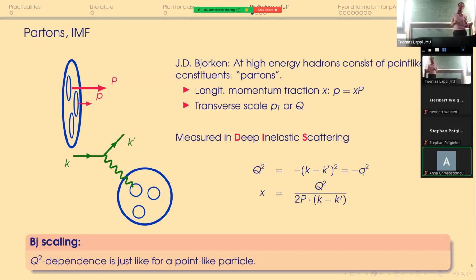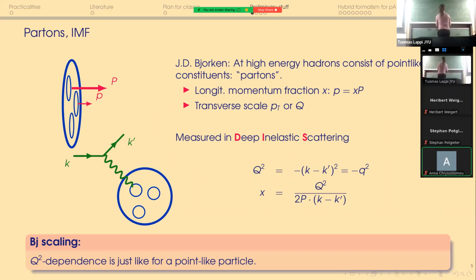It's a light cone time. And then the minus component of the space-time coordinate is a spatial coordinate.